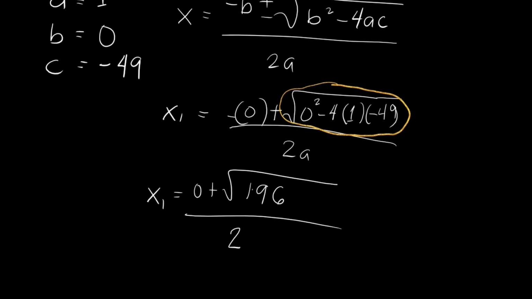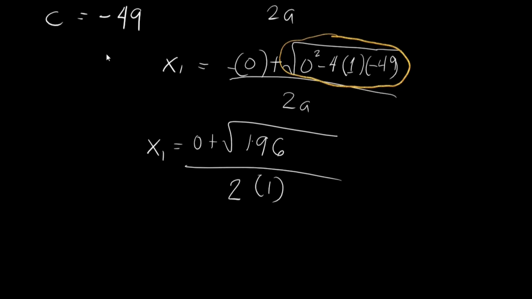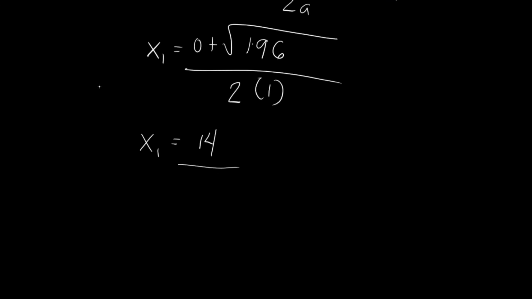All over 2a. Aba, hindi pa rin natin napalitan si A. So, si A mo dito ay walang iba kundi si 1. So, ang value na agad ng square root of 196 mo, dahil 0 naman si B eh, that will be equal to 14. If I'm right, that will be 14. 14 times 14, 6, carry 1, 4, yun. Basta, alam ko 14 yan. So, 196, square root of 196 is 14.